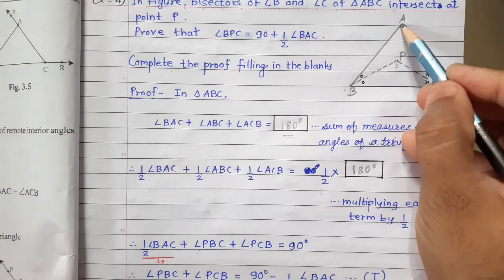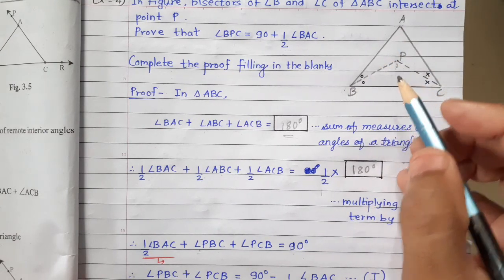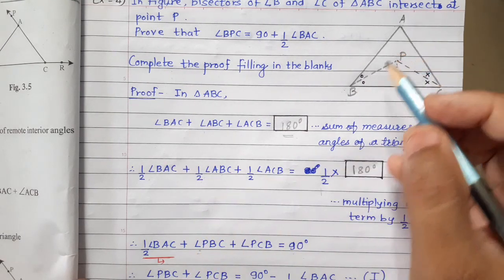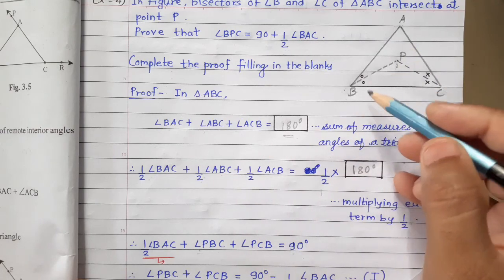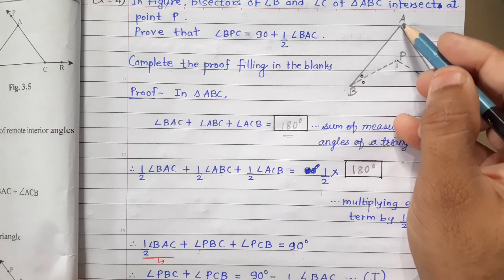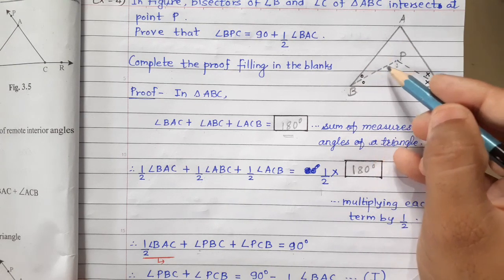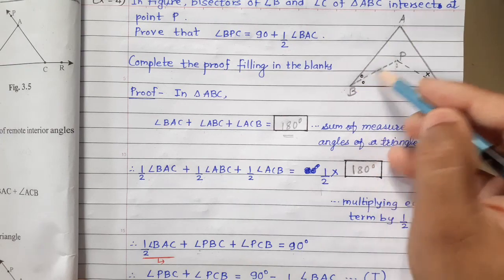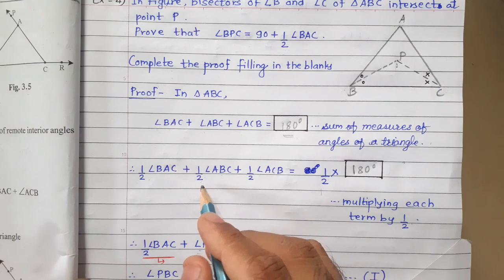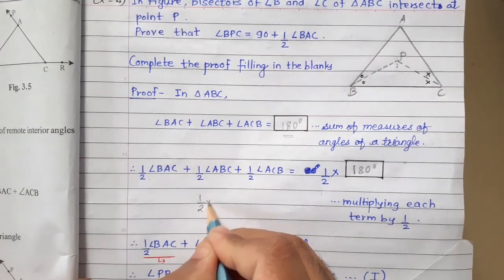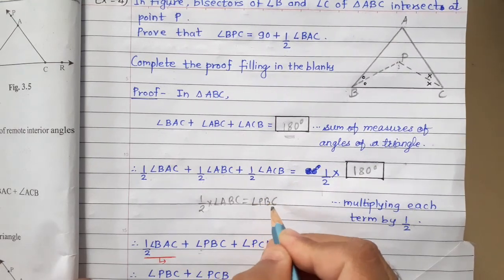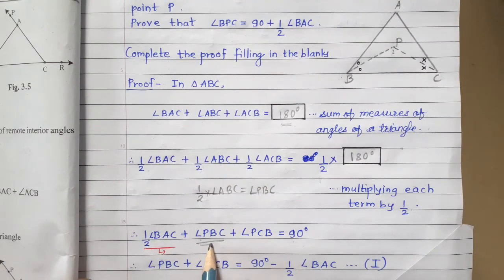Now when we multiply angle ABC by 1 upon 2, we get two equal parts of angle ABC, due to the bisector: angle ABP and angle PBC. So 1 upon 2 multiplied by angle ABC is equal to angle PBC.